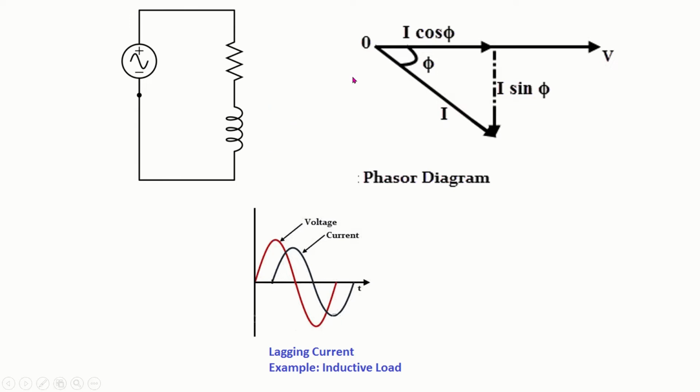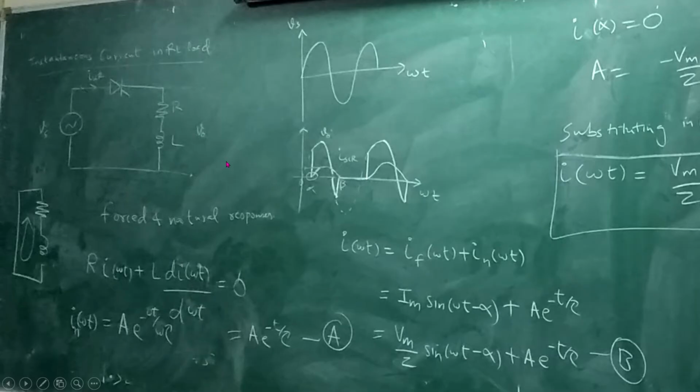So a higher value of inductor will make phi large, which means that the current will be lagging voltage by more angle.